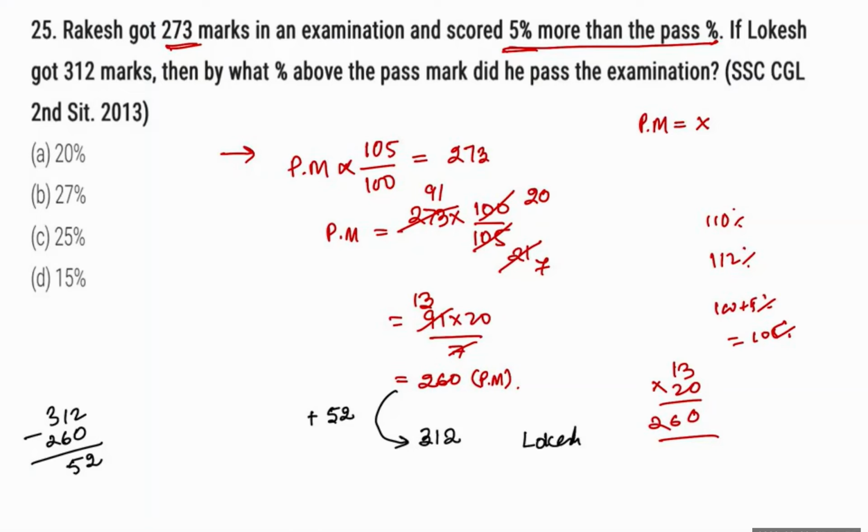Pass mark 260 to percentage, and 0. 2 1 is 2, 2 3 is 6, 2 5 is 10. 13 times 52. 3 4 is 12, that's the last digit. 3 4 is 12, so 13 4 is 52.